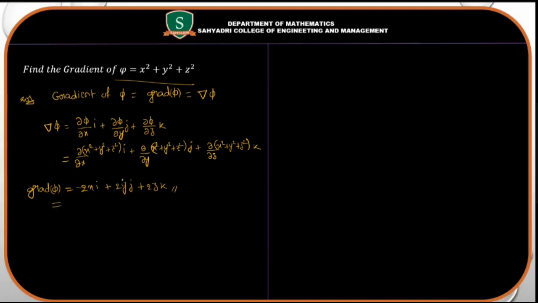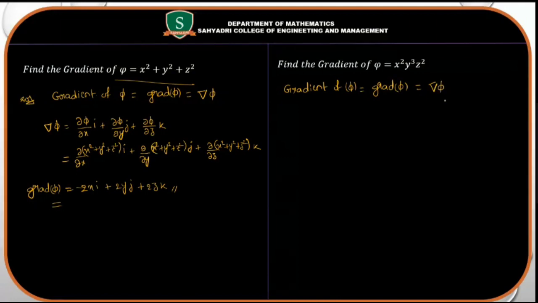Fine. So just try one more example. Phi is equal to x square y cube z square. Everyone try this problem. Gradient of phi is denoted by grad phi. In terms of the operator, we denote it as del phi.